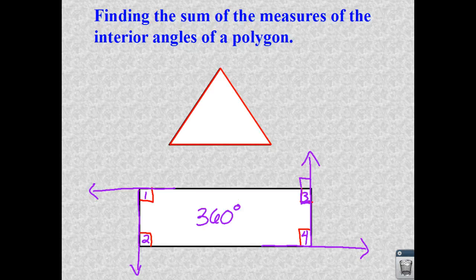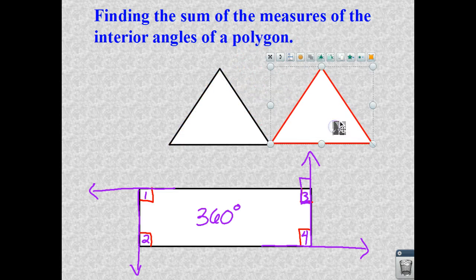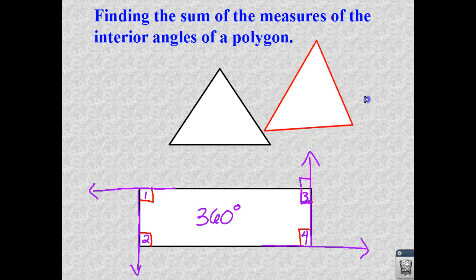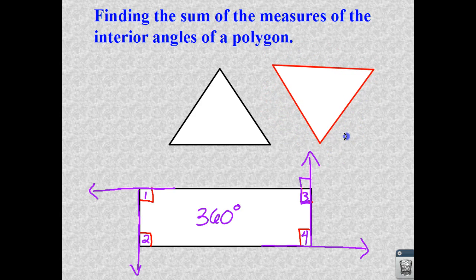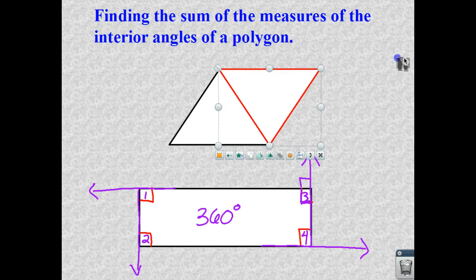Well, if you take this triangle and duplicate it, rotate it, and then connect your pieces, what type of figure do you have? Good, you have a quadrilateral.